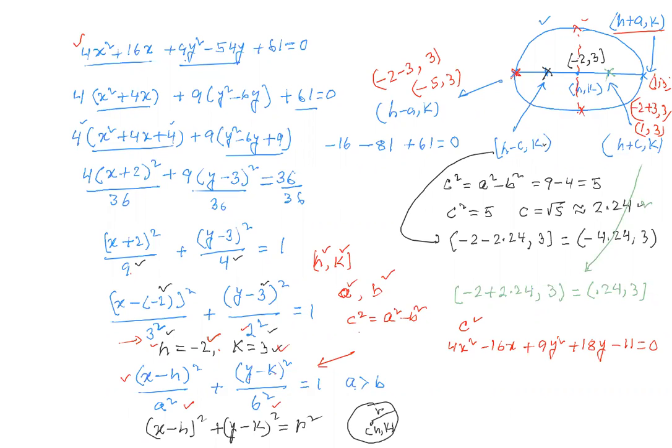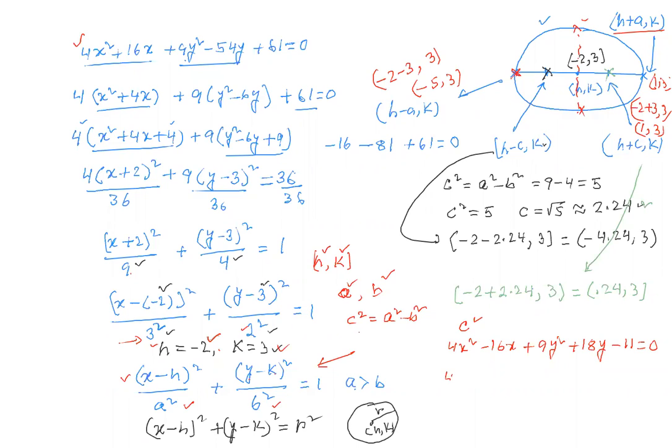And I could write it as 4 times x squared minus 16x plus 16 plus 9 times y squared plus 2y plus 1 minus 11, and then 16 plus the 64 plus 9. So let's see. Oh, sorry, I made a mistake. That's why I didn't want to do the last example. Okay, so let's go ahead and do it.